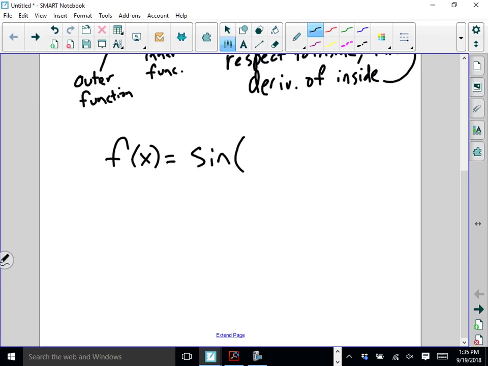So our first function is f of x equals sine of the quantity x cubed. Notice this is not sine of x whole thing cubed. It's only the x that is being cubed. So what we want to do is identify what is our inner function, what is our outer function, to get a handle on this.